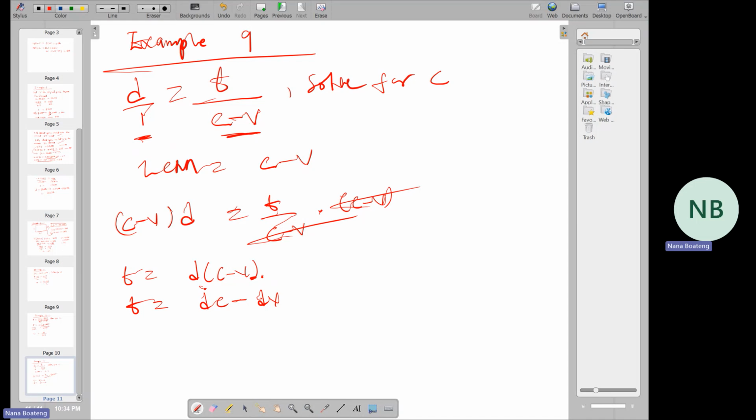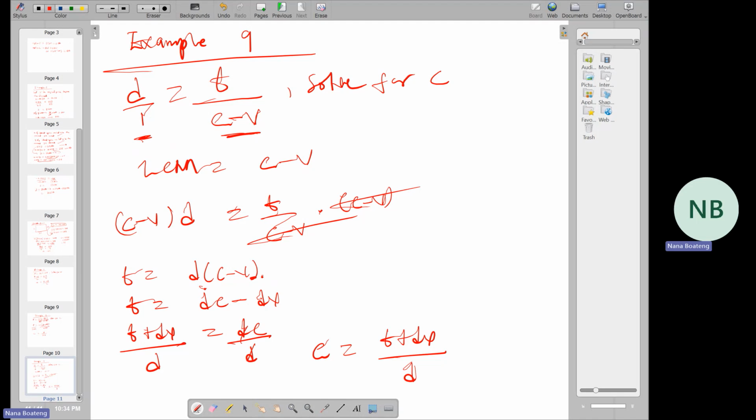What we are solving for is the C, so we can add DB on both sides. So T plus DB is equal to DC. And if we divide both sides by D, then we have C is equal to (T plus DB) divided by D. All right, so this is what we get for solving for C.